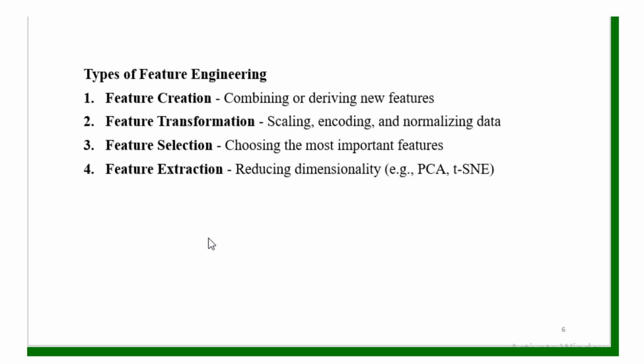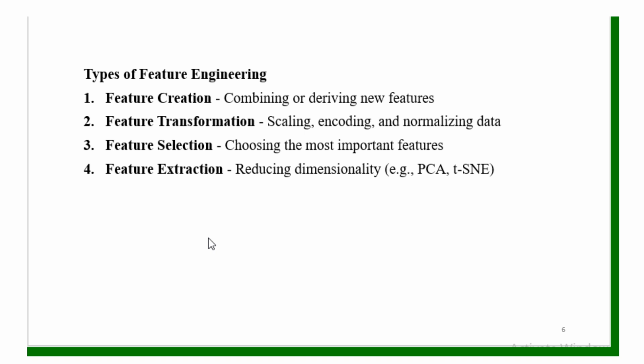Feature transformation means scaling, encoding and normalizing data. Means we have data, but all values are not in a nearby range. So for that we require some scaling and some kind of encoding to get normalized data, so that we have almost near values of the data.